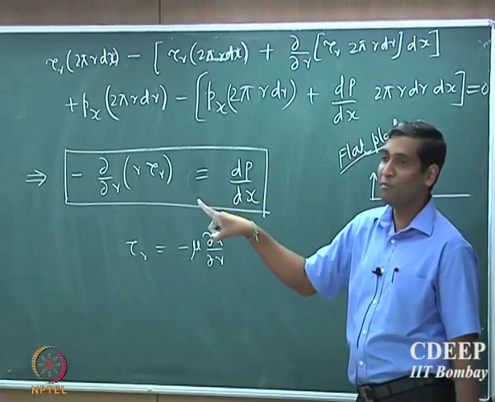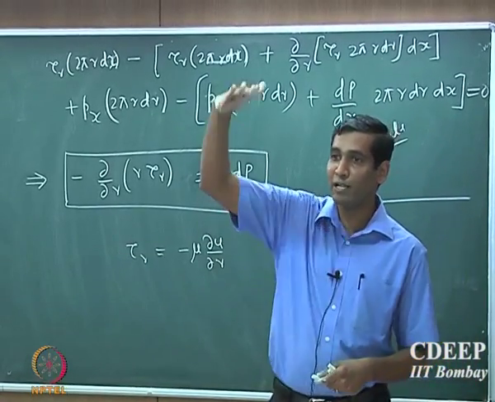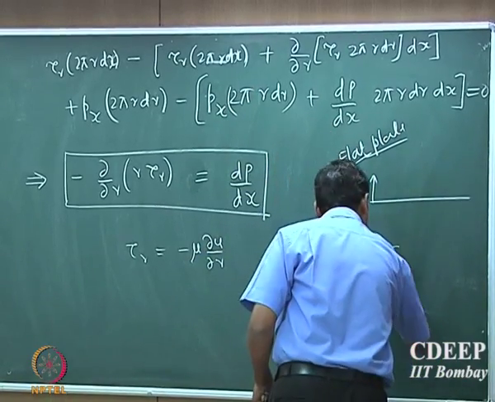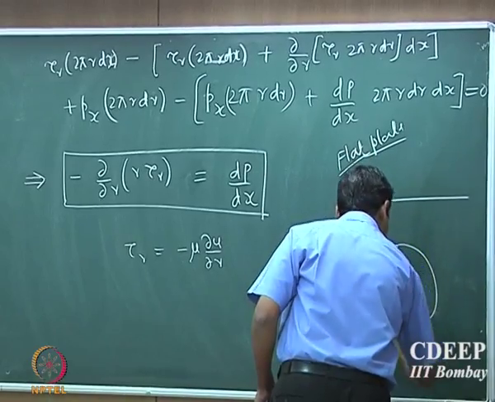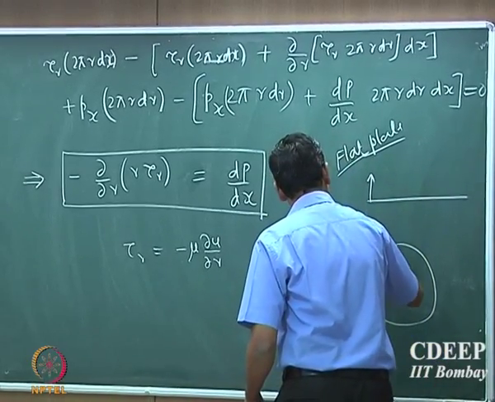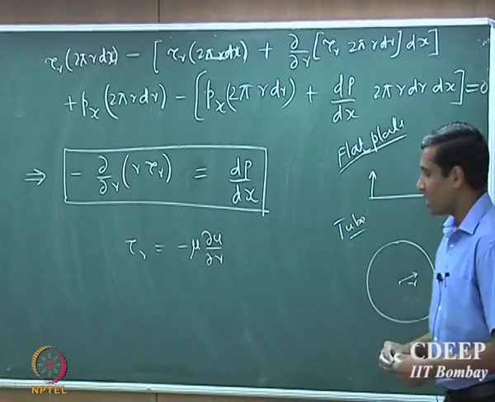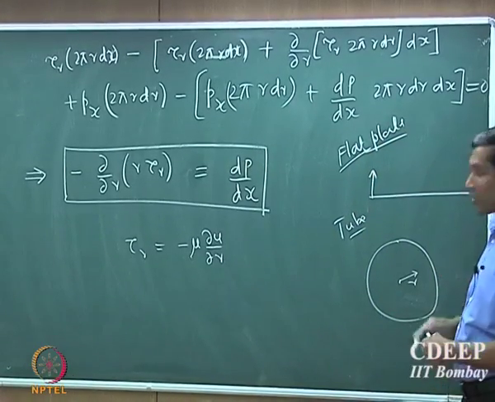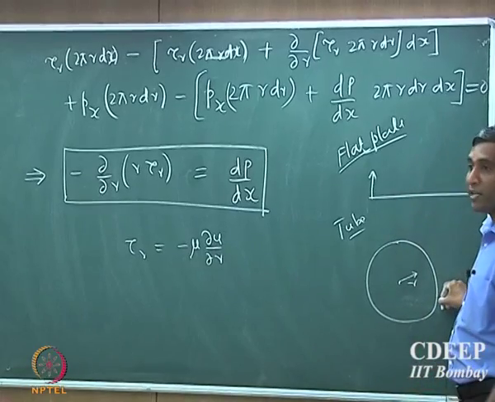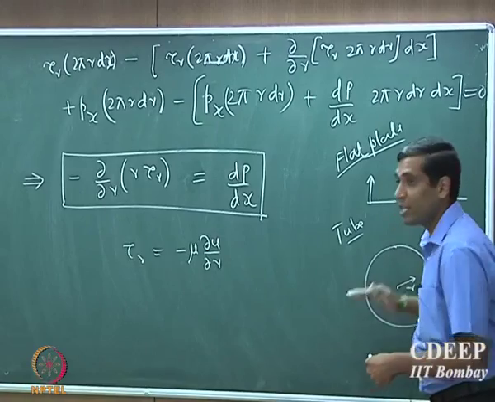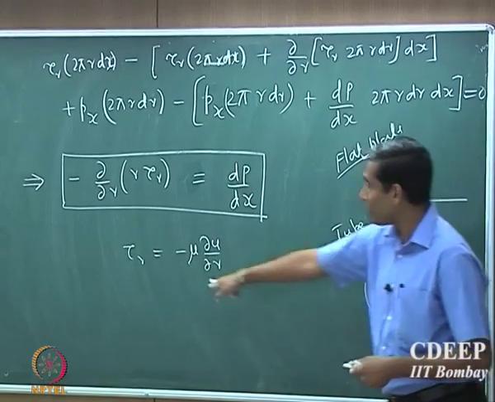But when you take a tube, the effect of the wall is actually in the negative r direction. So compare that with the tube. If this is the center, the positive r direction is going outside from the center. So the wall is now actually located at r equal to r naught. Therefore, the effect of the wall is actually in the negative r direction.